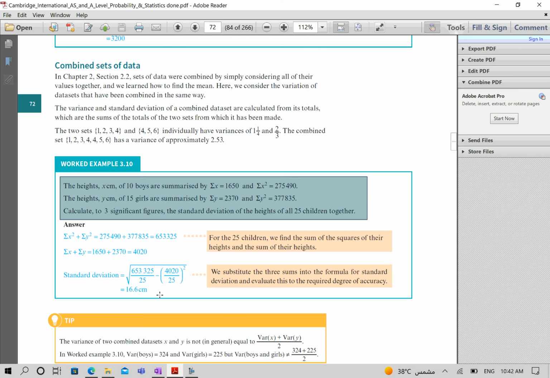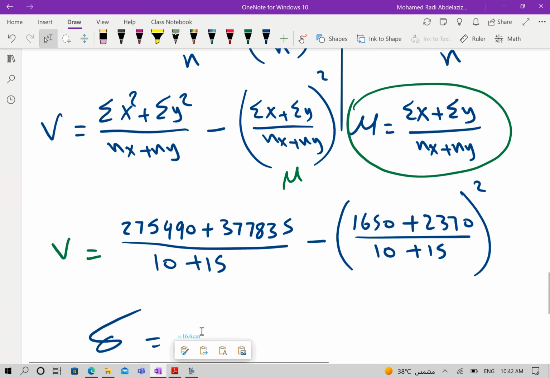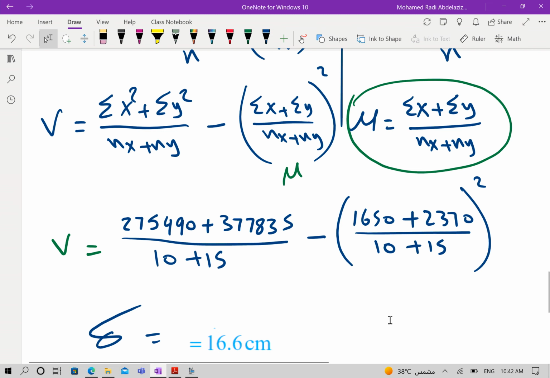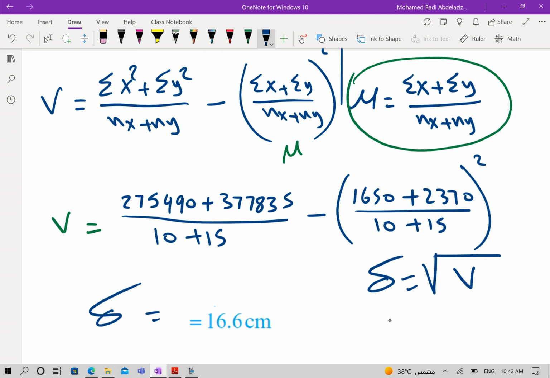After taking square root or before? Standard deviation 16.6. Correct. The final answer for standard deviation after taking square root, don't forget, is 16.6. The standard deviation is the positive square root of variance.